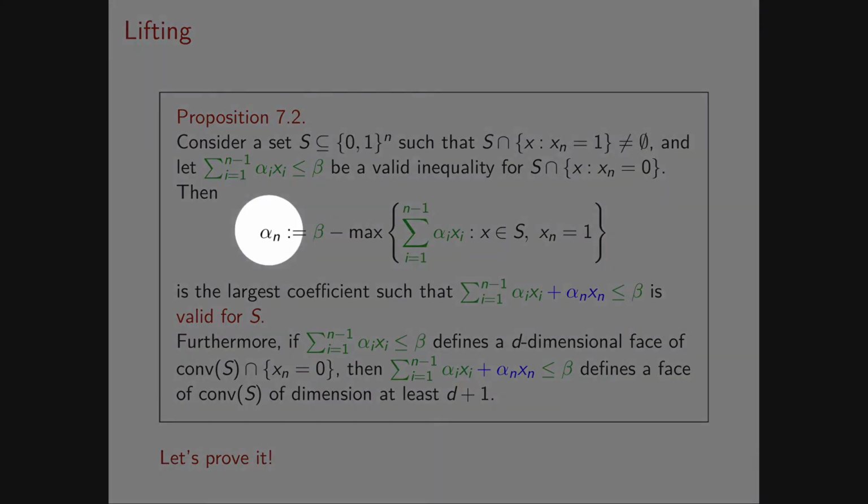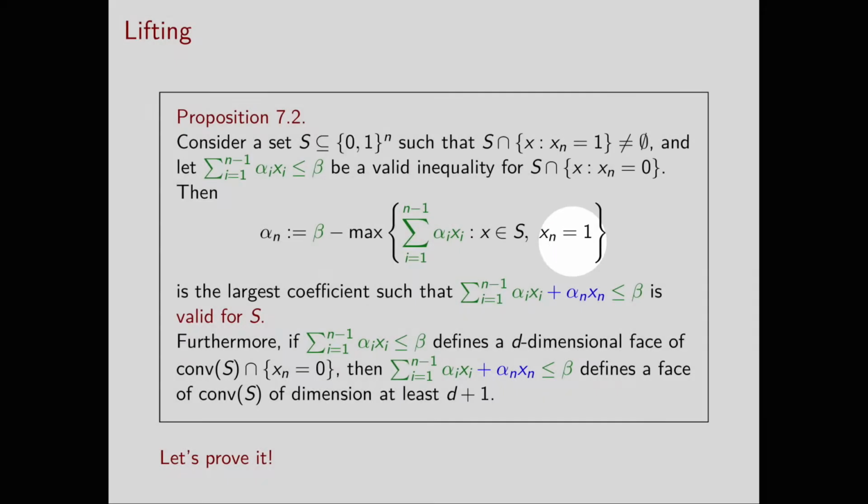So we define alpha n to be beta, so the original right hand of the inequality, minus the max of the original left hand over all points in S with xn equal to 1.